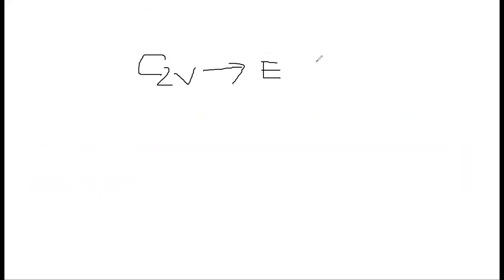Okay. Then you have C2. Then you have a sigma v vertical plane in the XZ, and one more in the molecular plane, I can tell the YZ. Or I can simply put sigma and sigma prime. So 2 vertical planes you have.